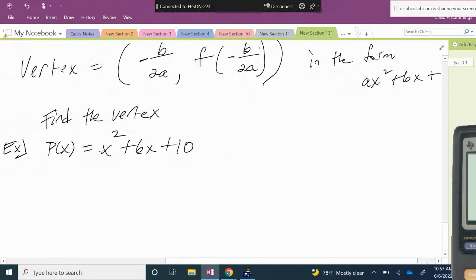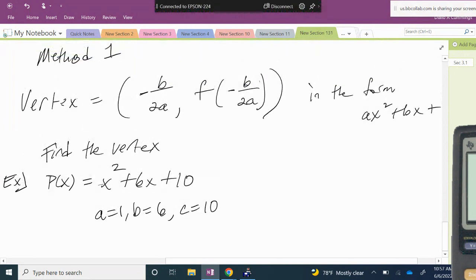So a is the coefficient of your squared term, so a equals 1. B is the coefficient of your middle term, so b equals 6. C is the last term, so c equals 10. We don't actually need c for the vertex formula, but I'm going to write out all of our coefficients.